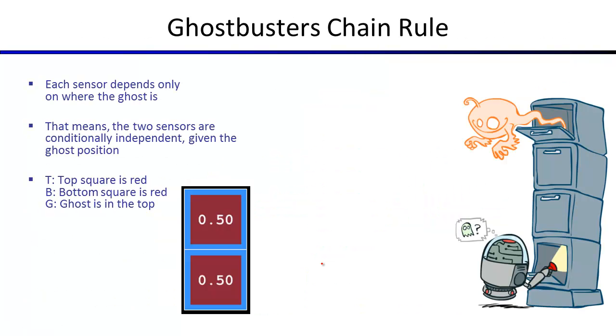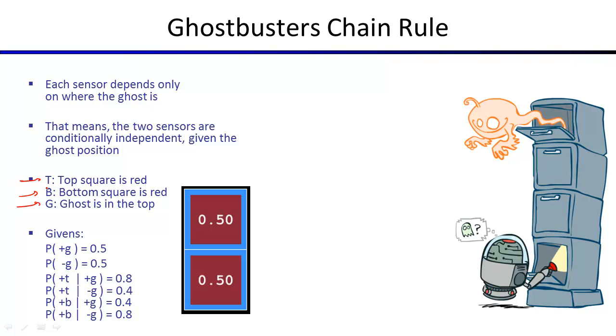Here's another example. Let's look at Ghostbusters in a very simple case. There's just 2 spots the ghost might be at. The random variable G is whether the ghost is in the top drawer or not. There's a sensor, T: the top square is red or not red. And then there's another sensor for the bottom square, which could be red or not red. This is what's given when we model this scenario.